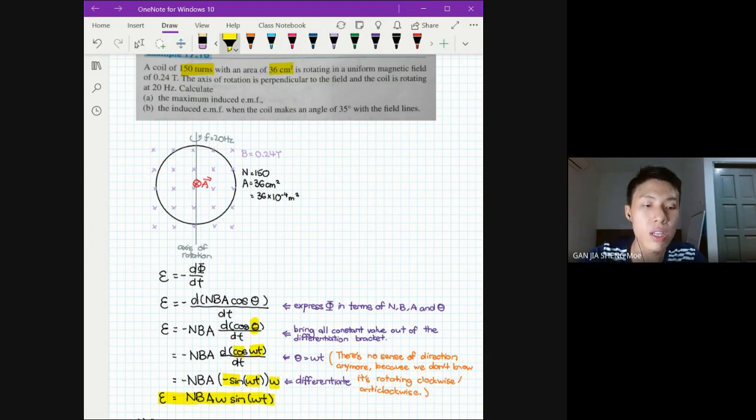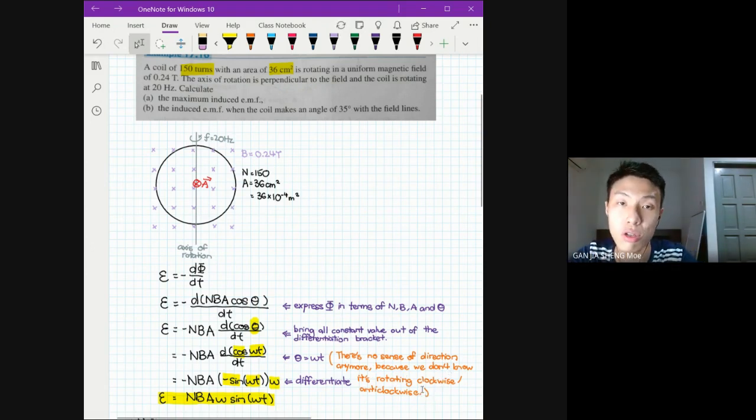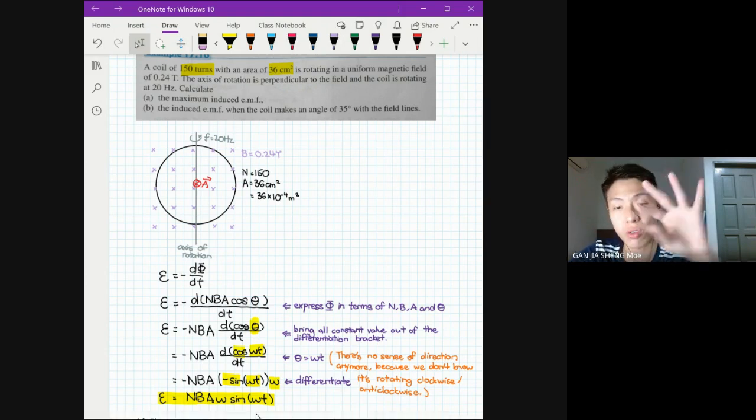In this situation, there's no sense of direction anymore because you don't know whether it's rotating clockwise or anti-clockwise, whether it will cause the angle between B and A to increase or decrease. You can't know for sure if you just say for a general statement that it's rotating. So this equation won't tell you about the direction of the EMF. In fact, the direction of the EMF will change throughout the rotation. So this one will not tell you the direction.